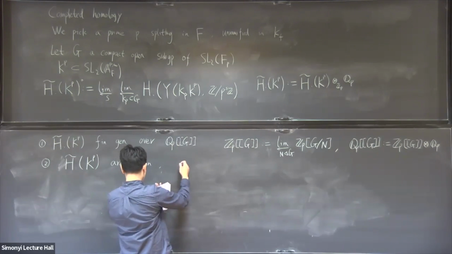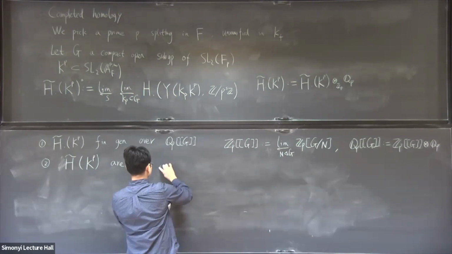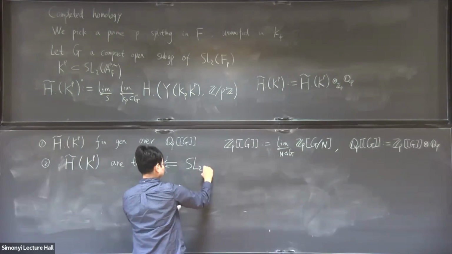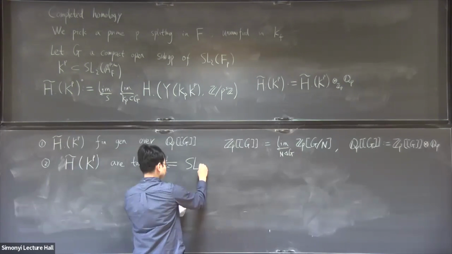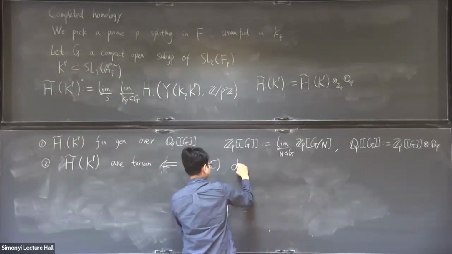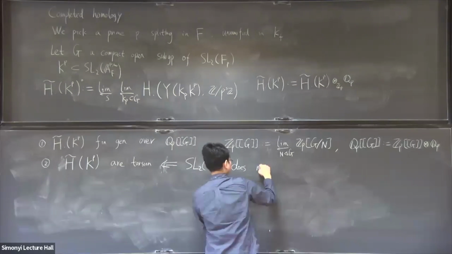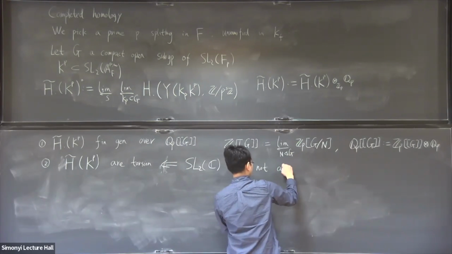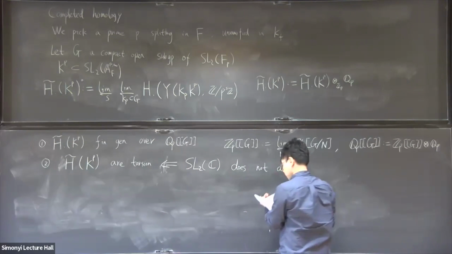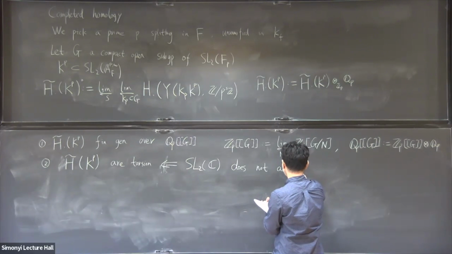That's because the Lie group SL2(C) does not admit a discrete series. And this is proved by Calegari-Emerton.